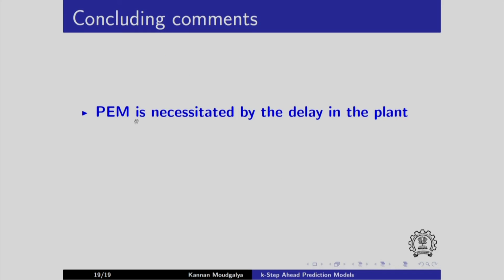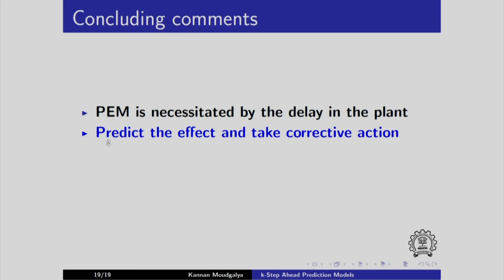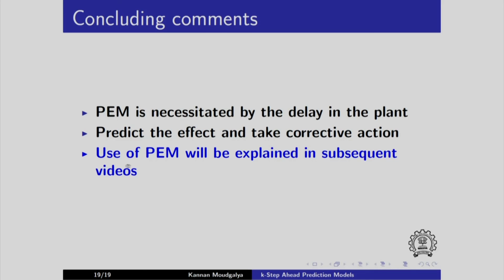Concluding remarks: the prediction error model is necessitated by the delay in the plant. We predict the effect of the noise and take corrective action. Use of PEM will be explained in the subsequent lecture.